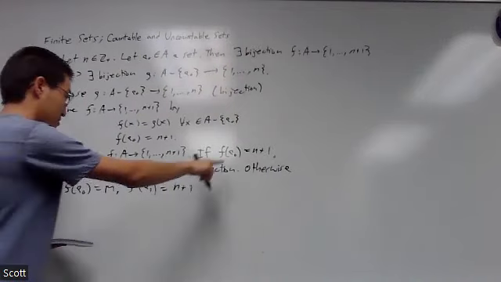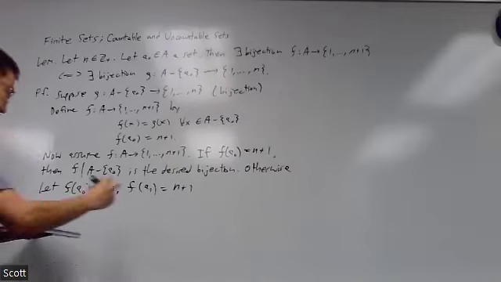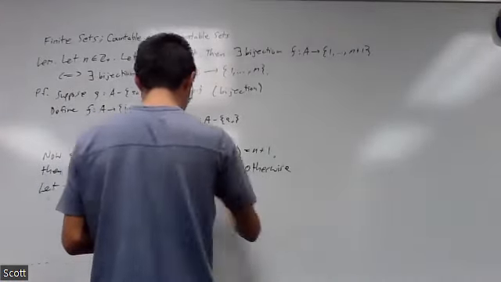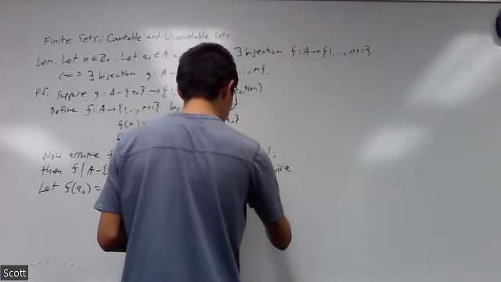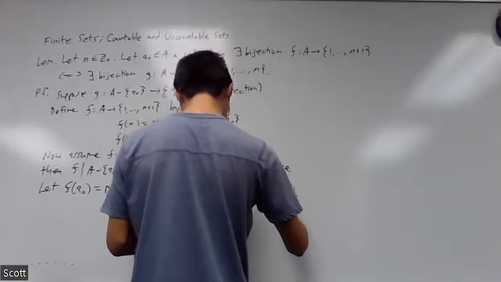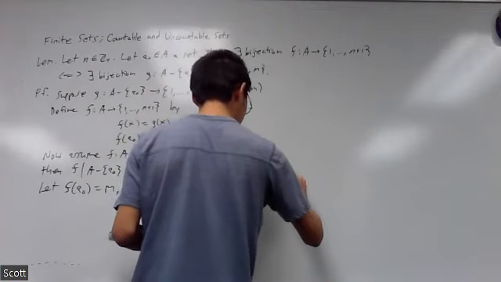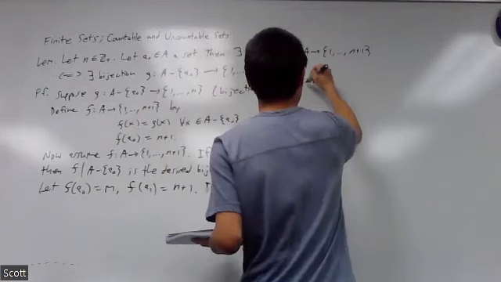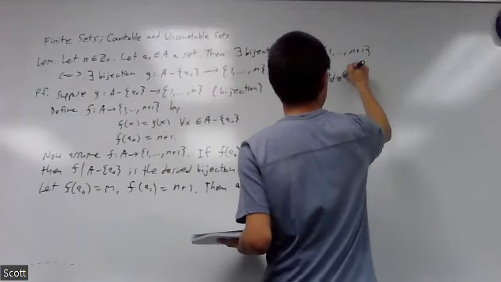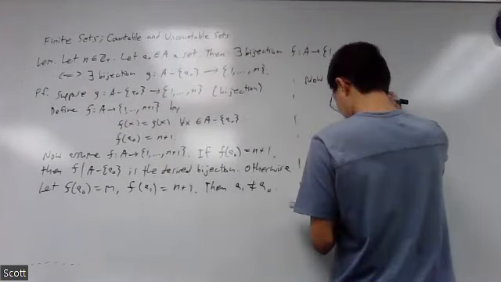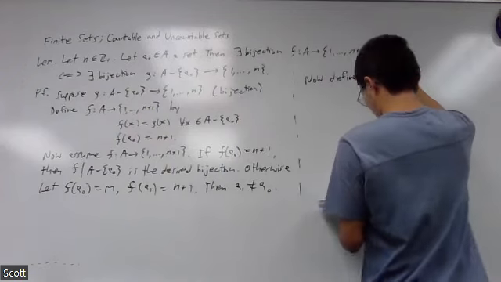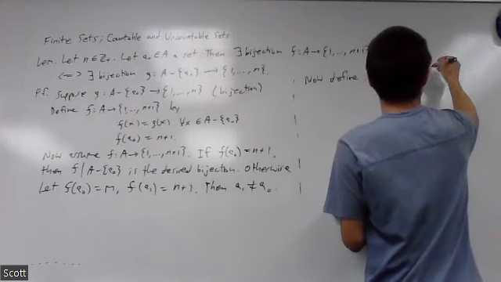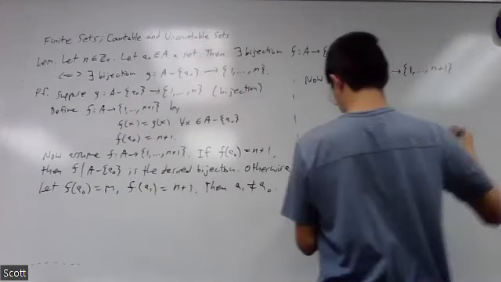So we're not going to double count what goes to n plus 1. It's given that these are not the same, so we won't double count. So now we're going to define h that's going to take A to the one with n plus 1 in it.